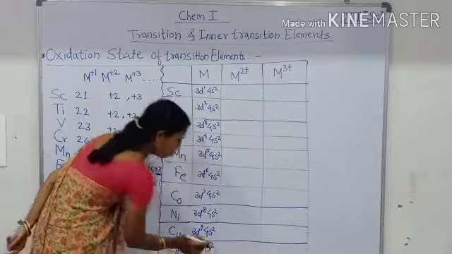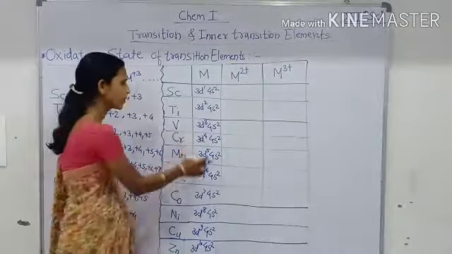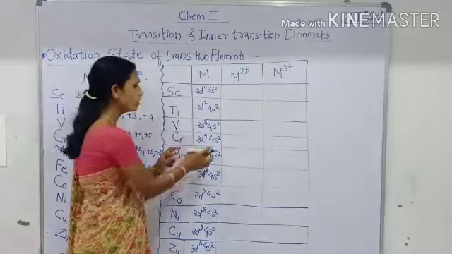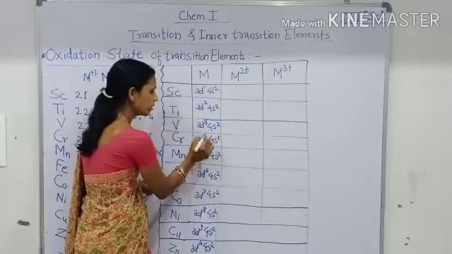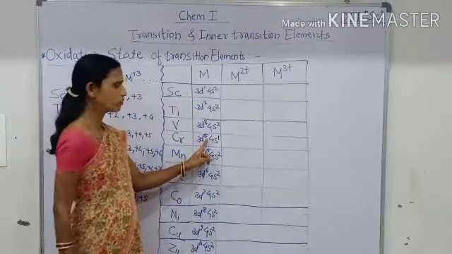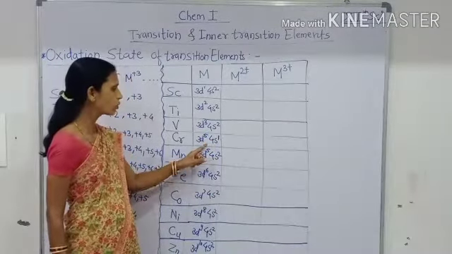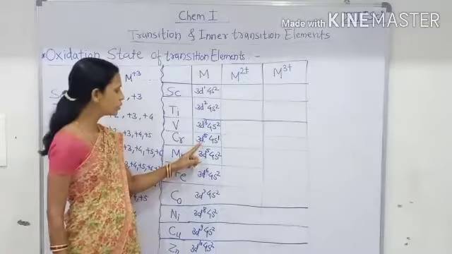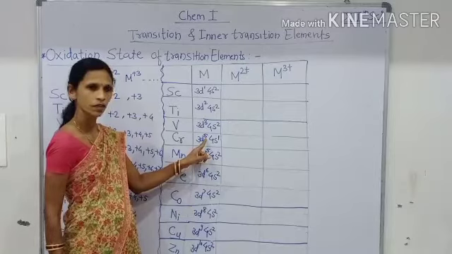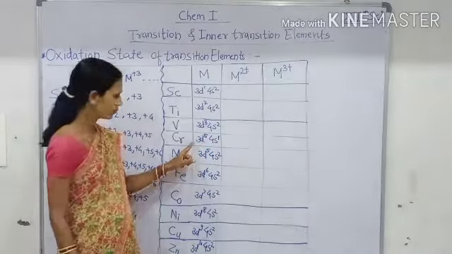But all of you know the anomalous electronic configuration of chromium, that the observed electronic configuration of chromium is 4s1 and 3d5. It is because when one electron from 4s enters into the 3d orbital, it becomes a half-filled atomic orbital, which is more stable.